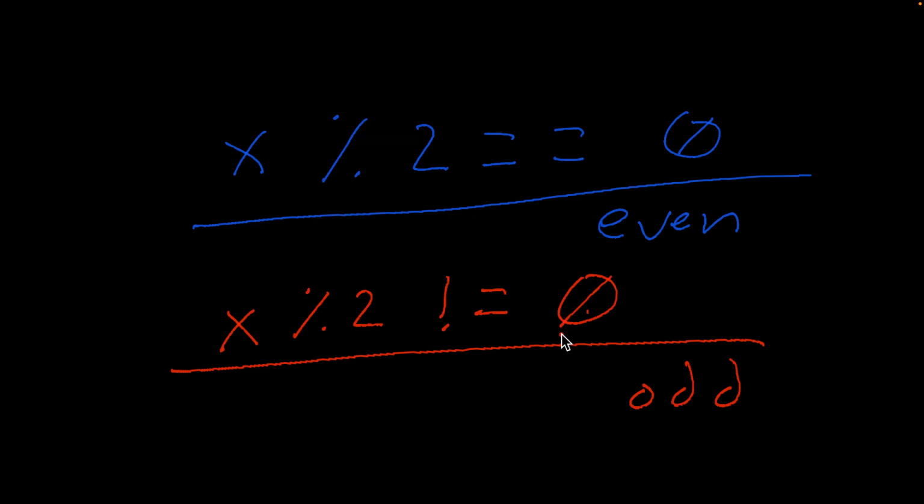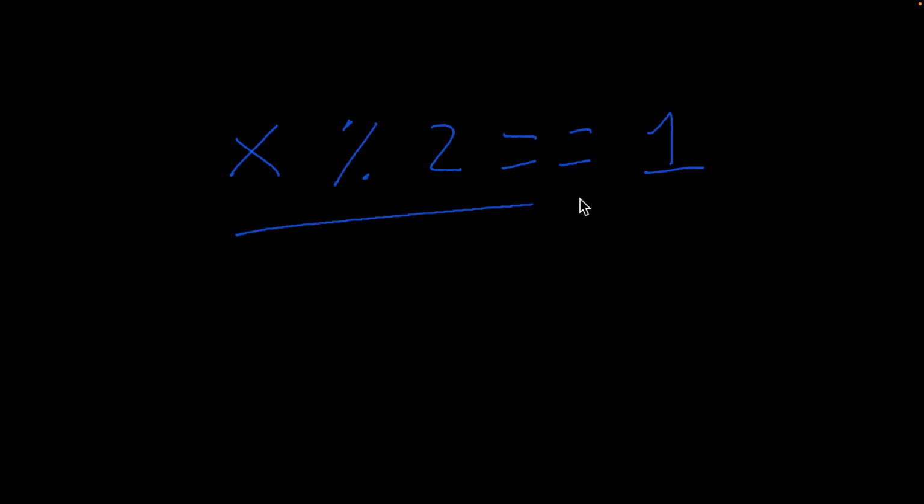Okay, let's rewrite it again. The remainder would have to be 1 for it to be odd. Yes. So if x modulo 2 is equal to 1, what do we know about x now? Odd.